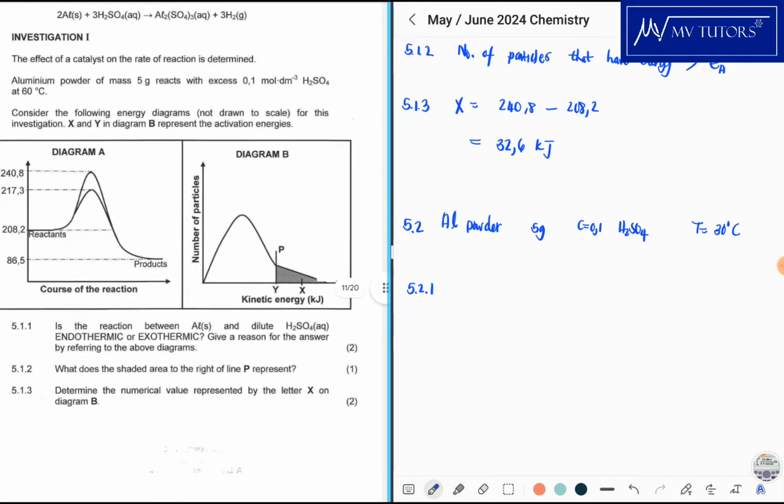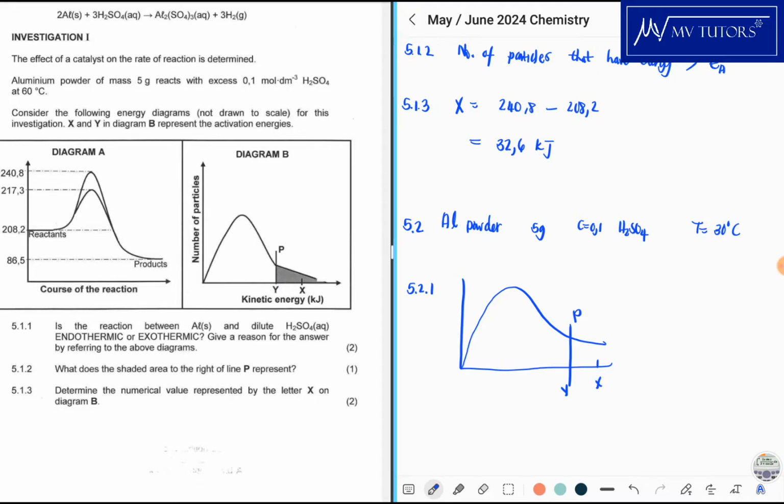Okay, so if this was your Boltzmann diagram, and that's P, what's going to happen when you increase or decrease the temperature? Well, it's going to go like this.